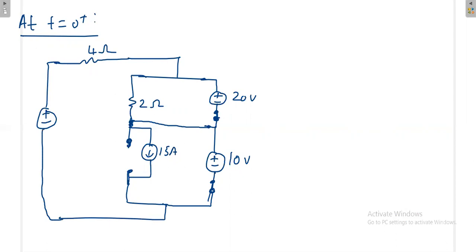90 volt. So now we have to find what I1, I2 and I3 are. Very simply, if you concentrate here, the current is flowing down, that means I1 is going down, but I3 is going up.